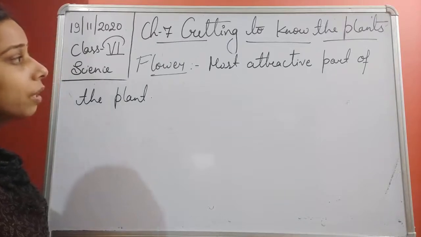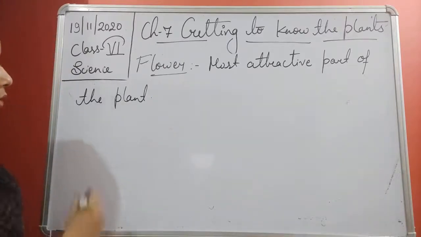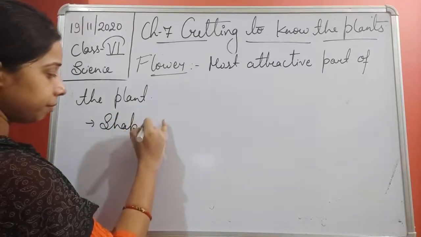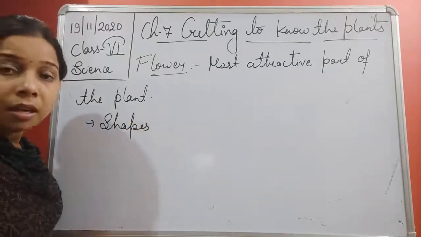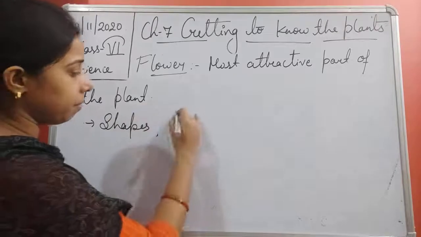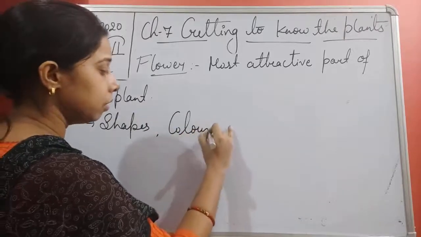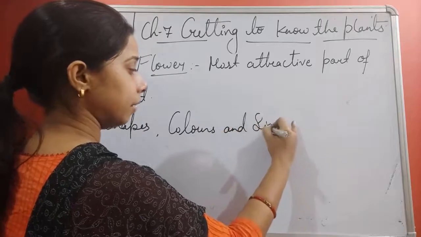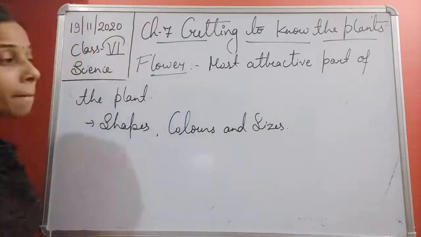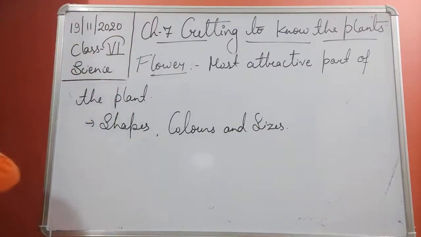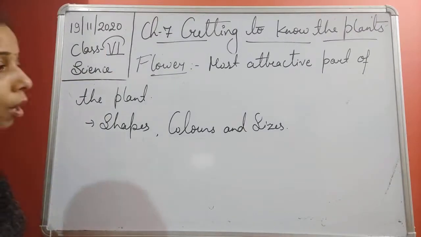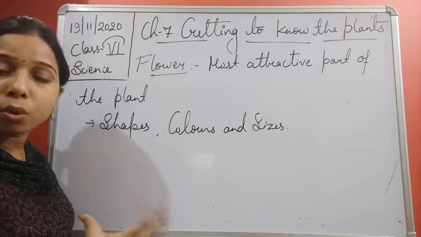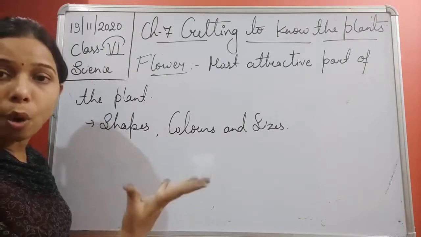Now you see, student, if we talk about the flower, so flower can be of different shapes. Not only shape, but color and sizes. If you talk about the shape, you have seen the lotus. The shape of the lotus is very broad.